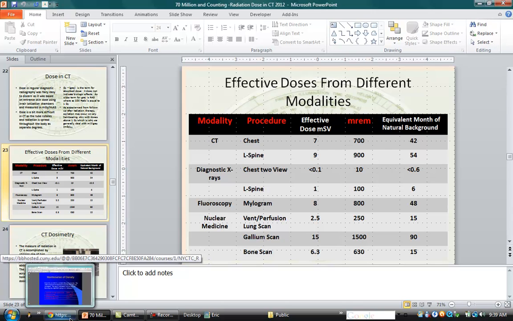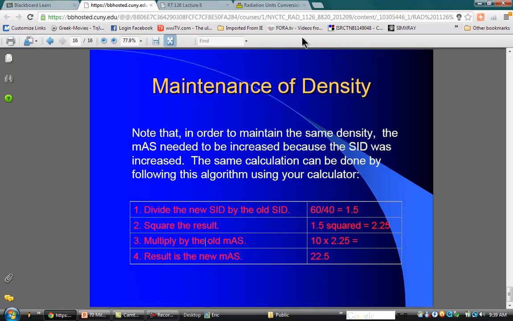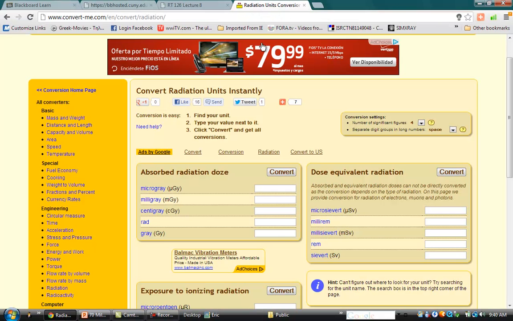Just want to show you something if I could here. Did find a rather nice website over here. It's www.convert-me.com/en/convert/radiation.